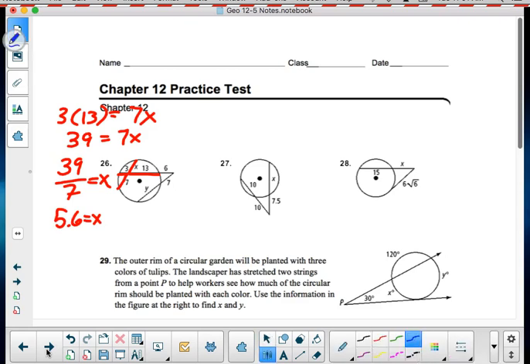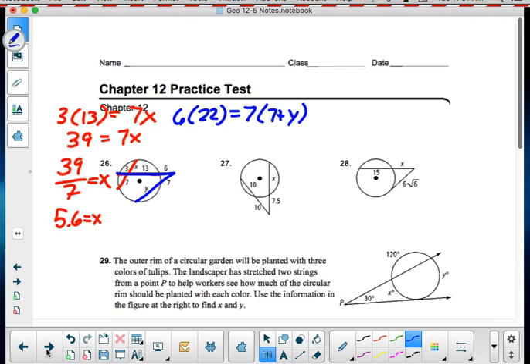Now, the other portion of this answer is here for my y, and that is a 6 times 6 plus 13 plus 3, which is 22. 6 times 22 is equal to 7 times 7 plus y.